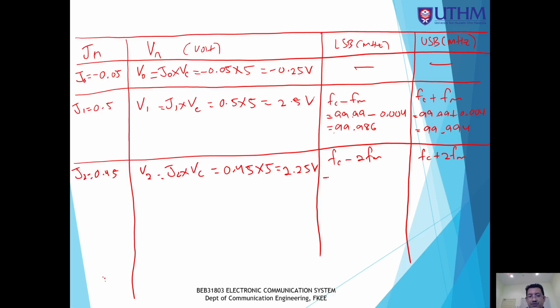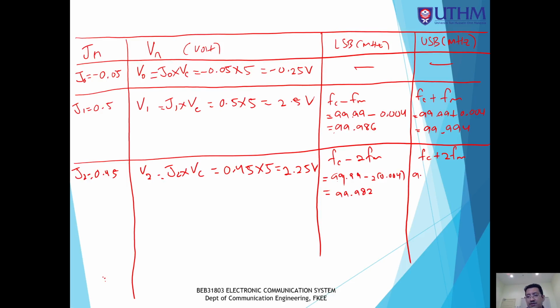And this is 99.99 minus 2 times 0.004. So this is 99.982 megahertz.